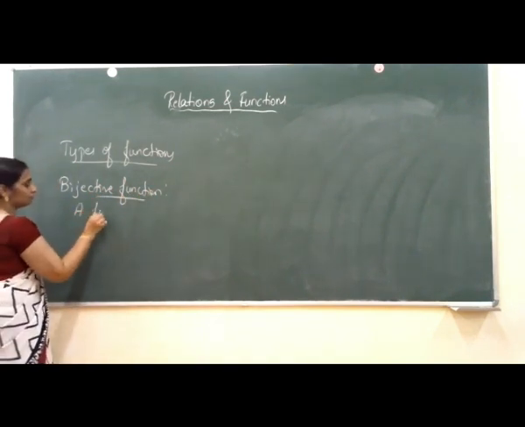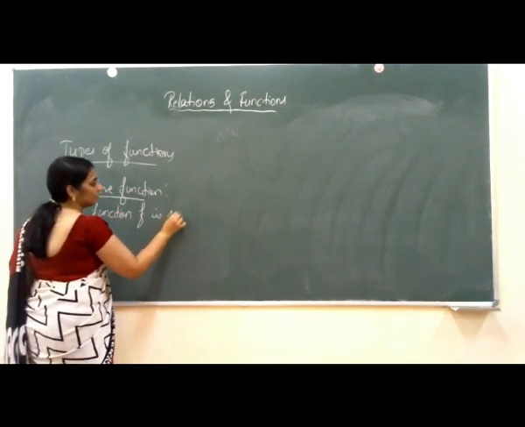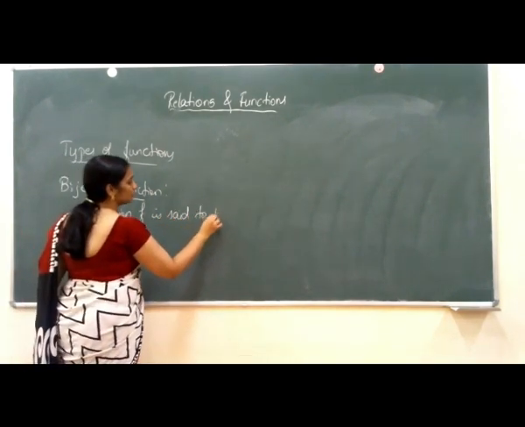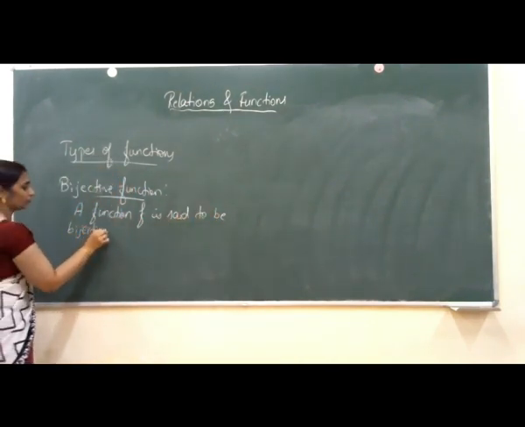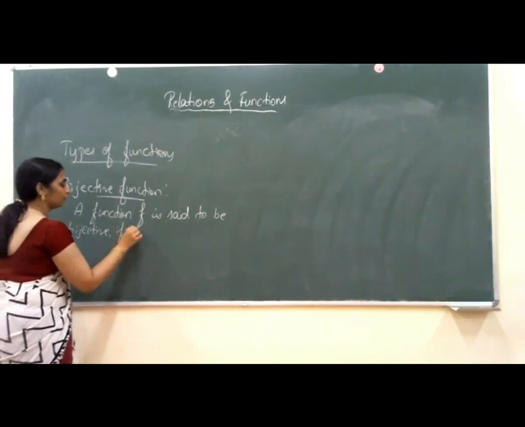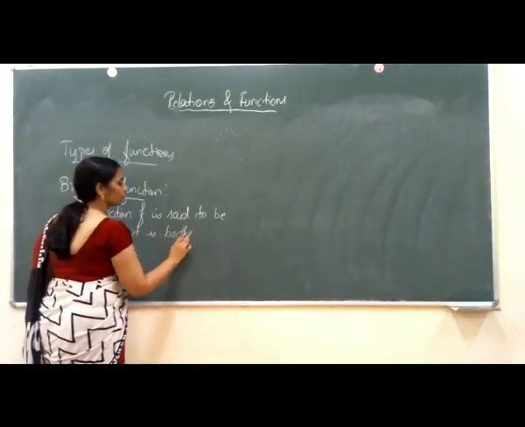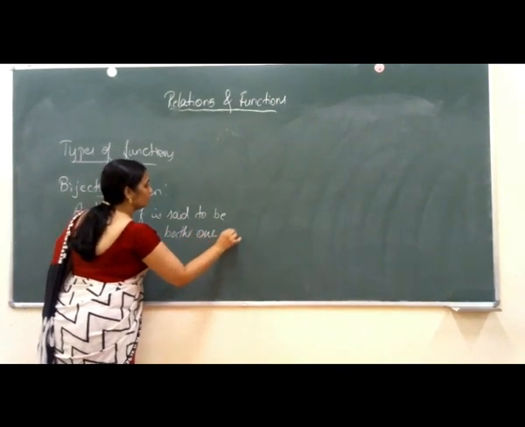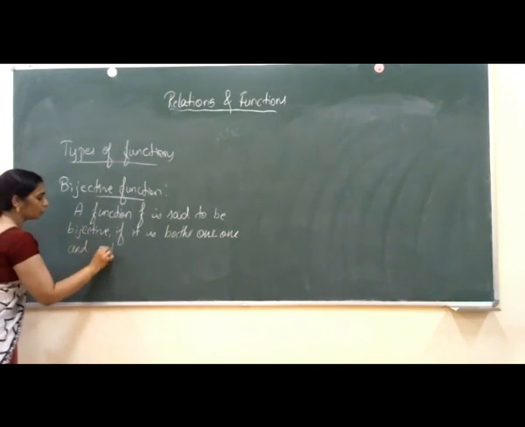A function f is said to be bijective if it is both one-one and onto.